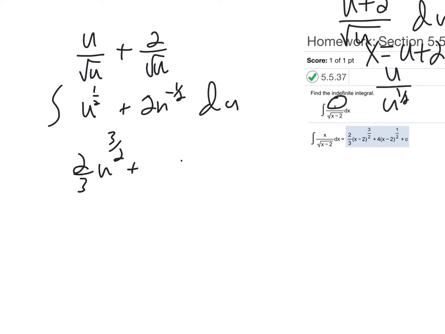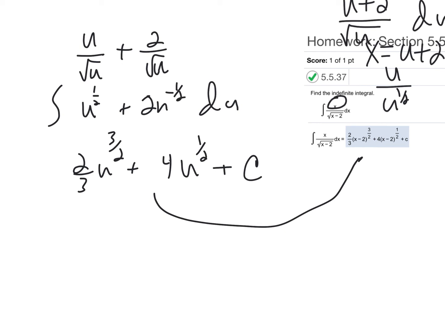So this becomes u to the 1/2, because I'm adding 1. Then divided by 1/2, which is the same as multiplying by 2, and we have that original 2 there. 2 times 2 is 4. Sorry. Then plus a constant. I think that's what I wrote for the answer.